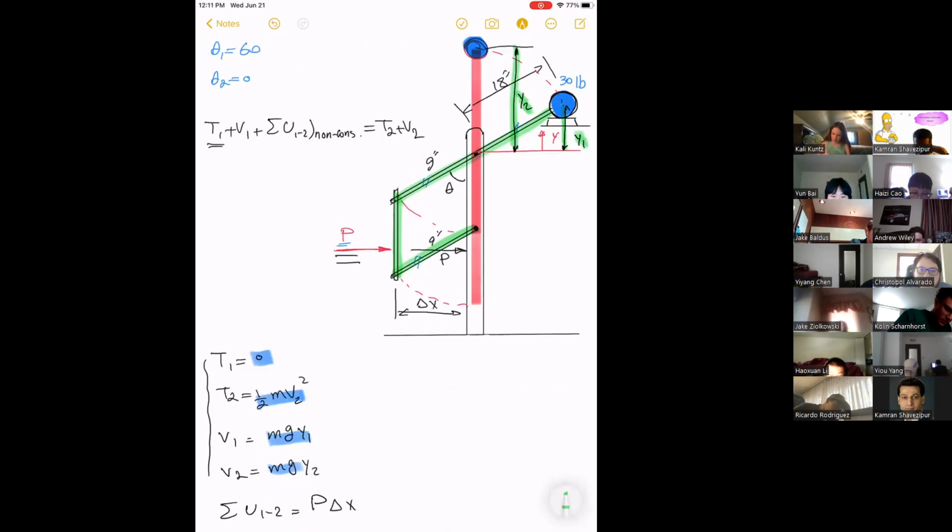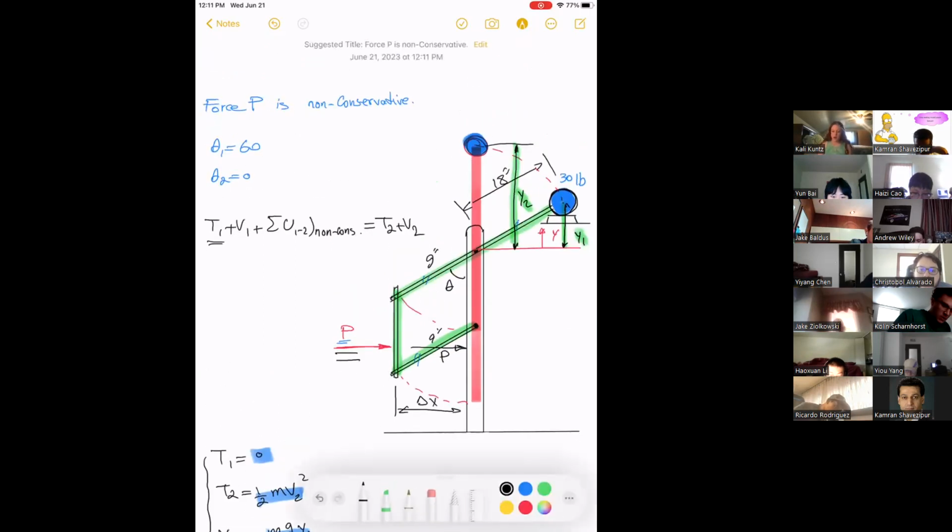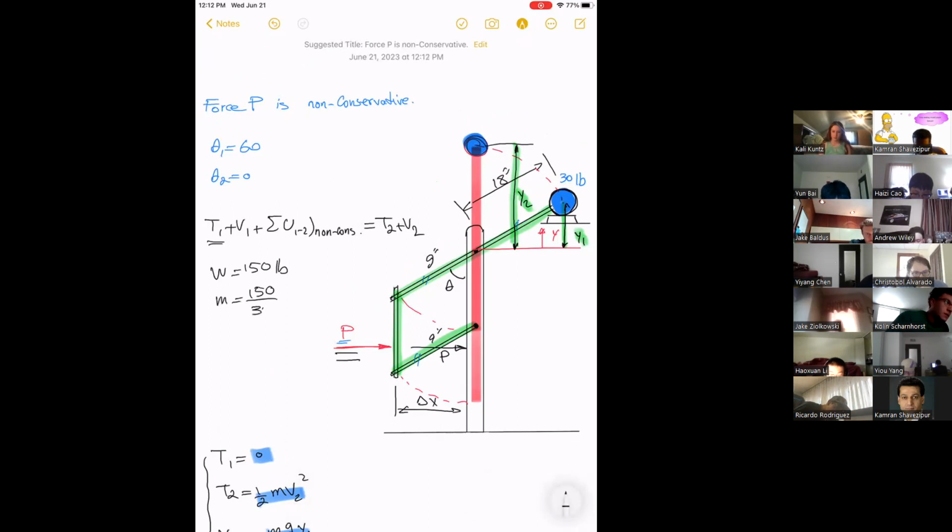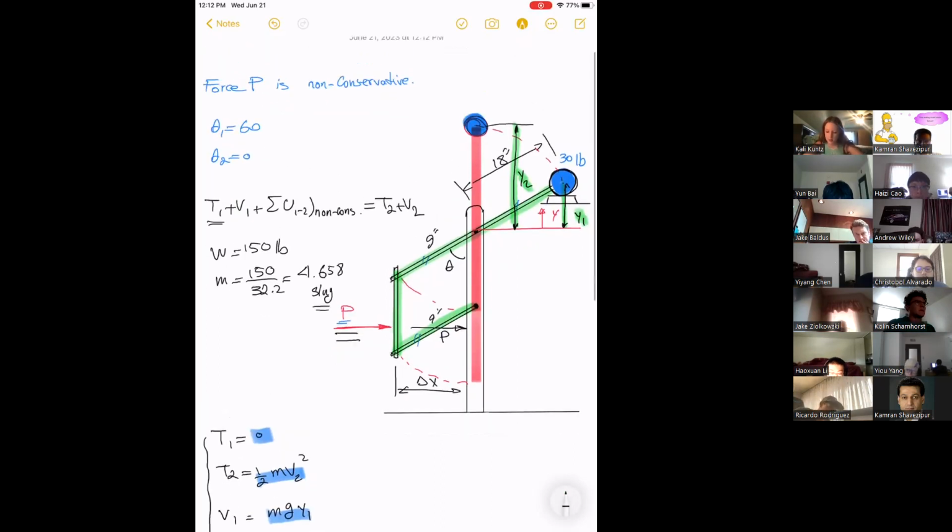Now, in the problem, it gives the weight as 150 pounds. We need to find the mass. Then we do 150 divided by 32.2. If you calculate that, 150 divided by 32.2 is going to be 4.658 slug. Is the mass supposed to be 30?